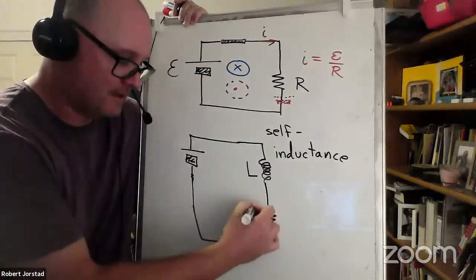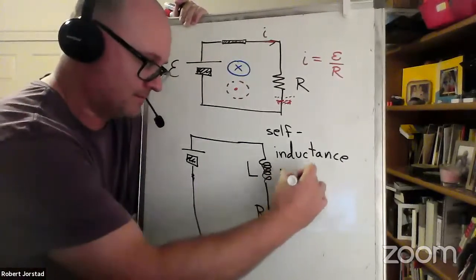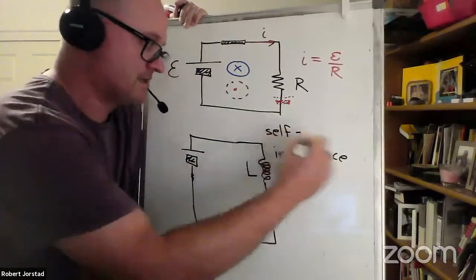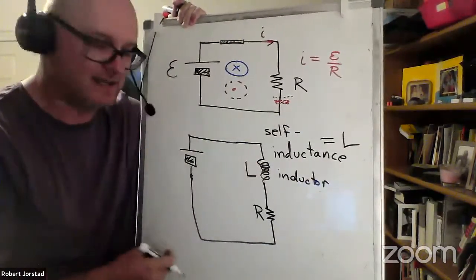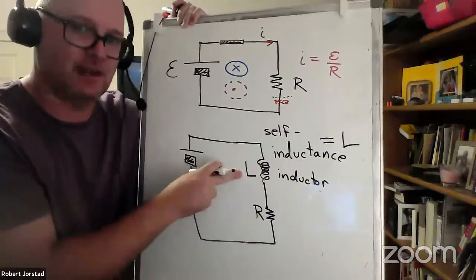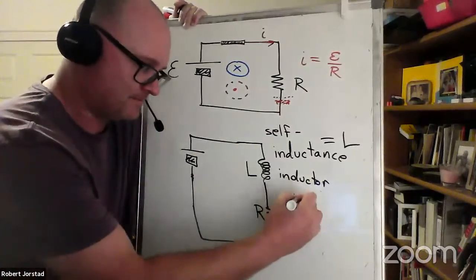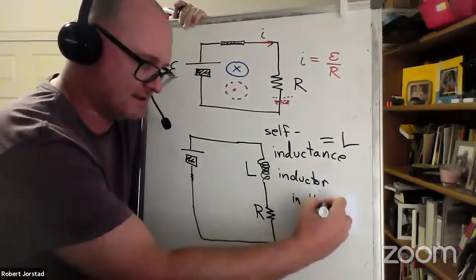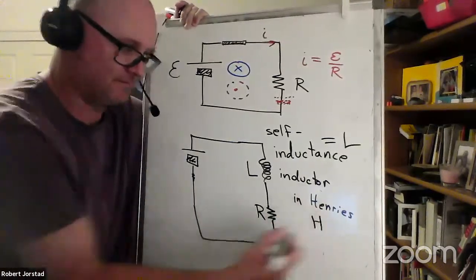Okay? And so this is a new thing called an inductor. So self-inductance is L. The inductor is the object. Inductance is the number associated with that object. It's measured in Henrys, or capital H. What was that full sentence?